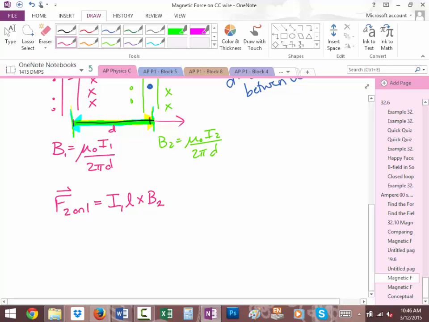Does that make sense? It's the current in 1 caused by the magnetic field from 2. We can also write that as I1 L B2 sine theta, and this L is the length where they're overlapped, right? So this is I1 L times mu naught I2 over 2 pi d.